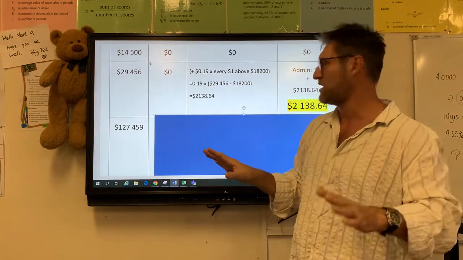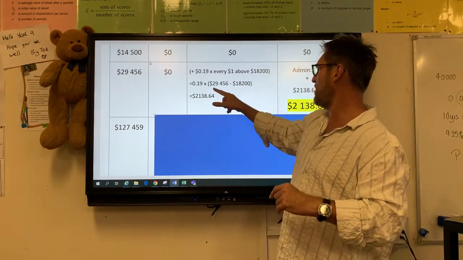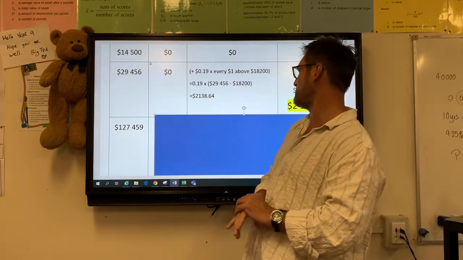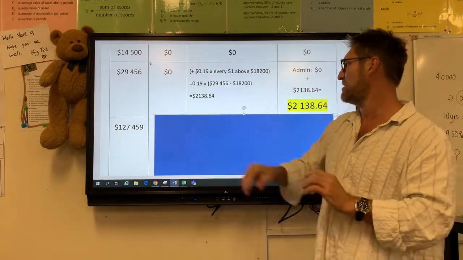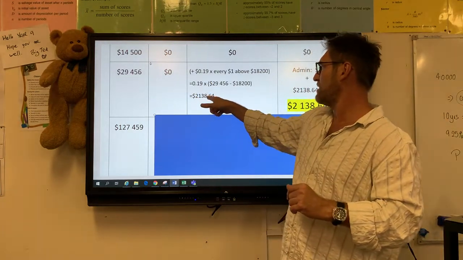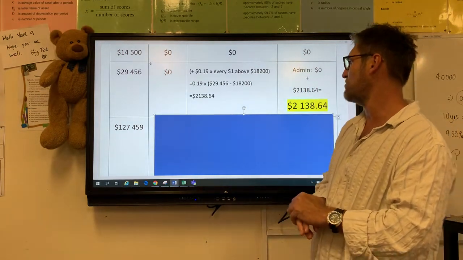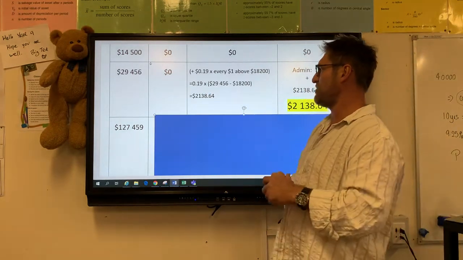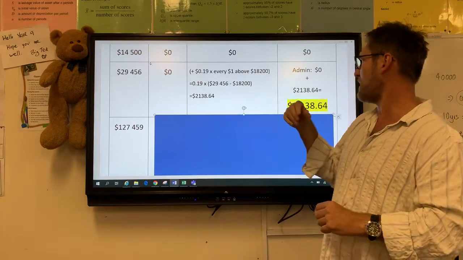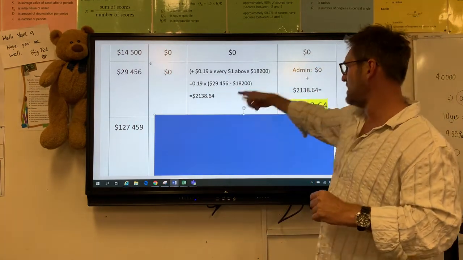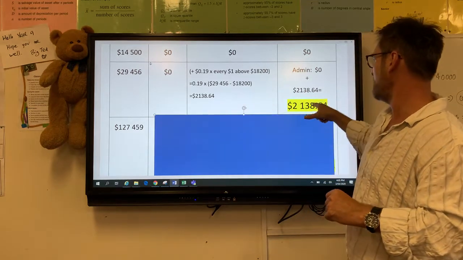Please just do that on your calculator. This is the amount here. I went over 18 to 29, so maybe $10,000 and a bit, times the 19 cents. Looks okay. $2,138, if that's right. How much was my admin fee? 0. So my admin fee and the tax that I owed for going above is this figure here.